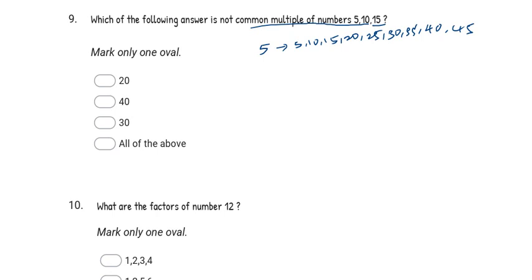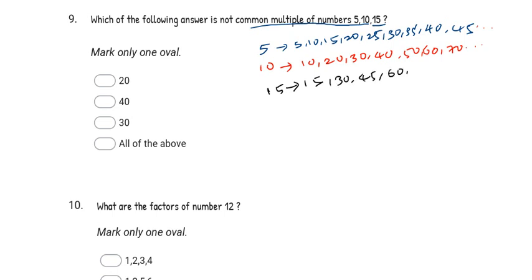Next write the multiples for number 10: 10, 20, 30, 40, 50, 60, 70 and so on. Next write the multiples of 15: 15, 30, 45, 60, 75 and so on.